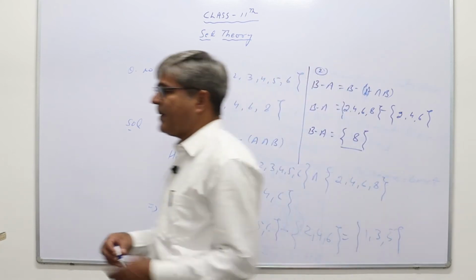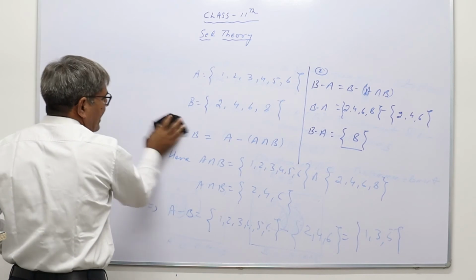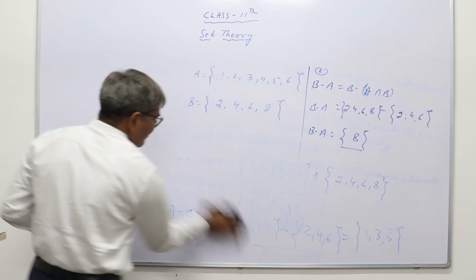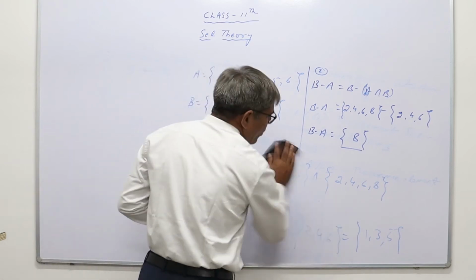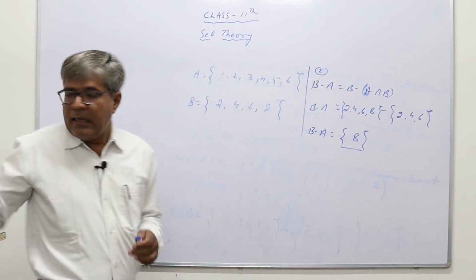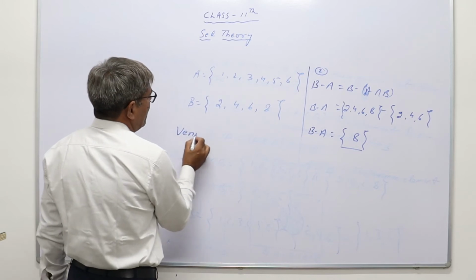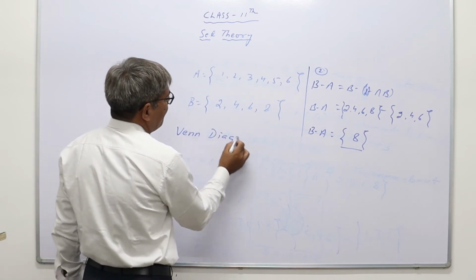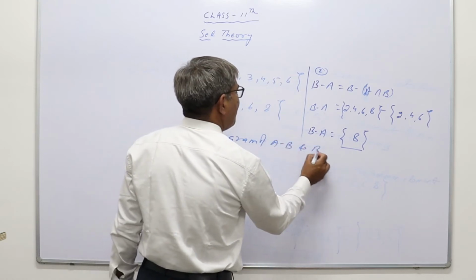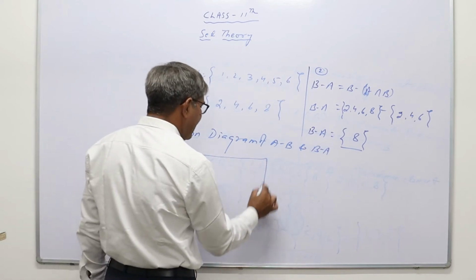Now if we have to represent these two by the Venn diagram, how will we represent them? To represent a Venn diagram, we will first draw a rectangle, which will represent the universal set of A and B. So the Venn diagram of A minus B and B minus A. First A minus B, so draw one rectangle.